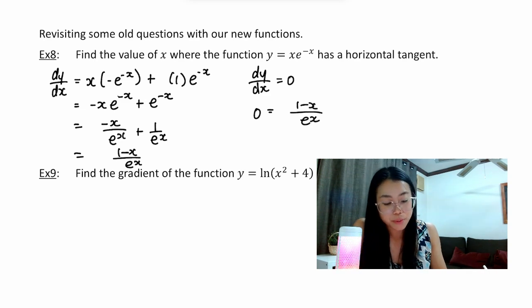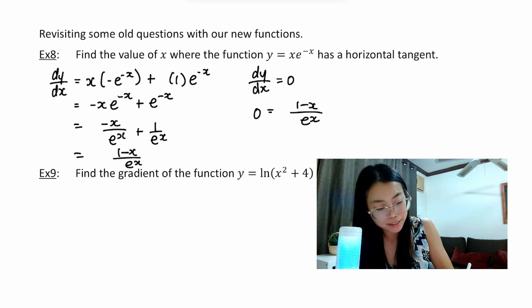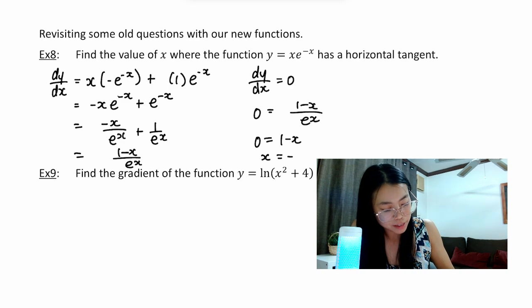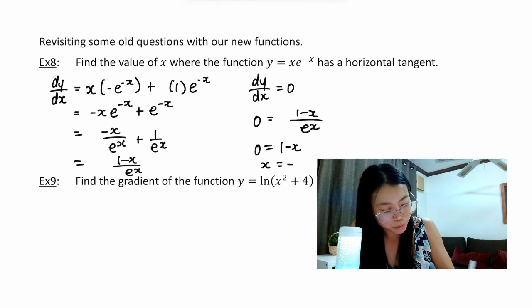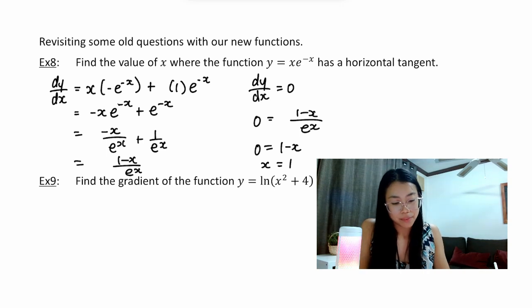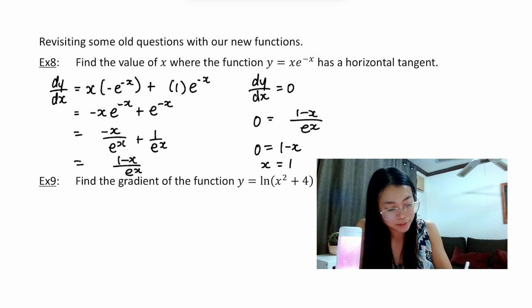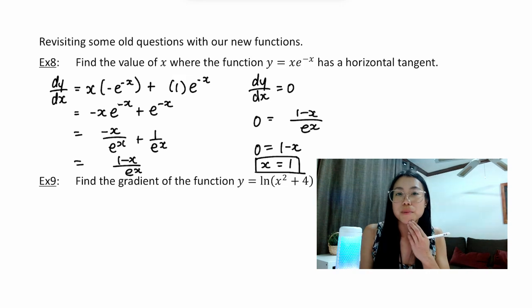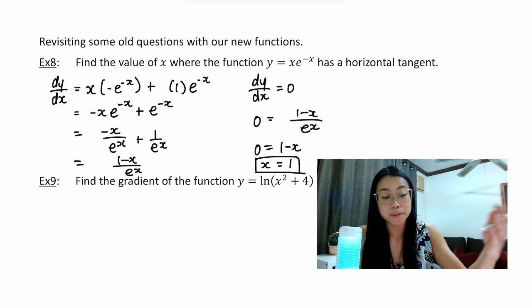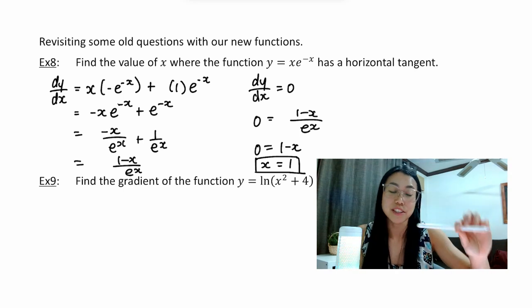So there's the equation I'm asked to solve. Multiply both sides by e to the x, and I'm left with 0 is equal to 1 minus x, and x is equal to 1. So at 1, my function y equals x times e to the minus x has a horizontal tangent line.